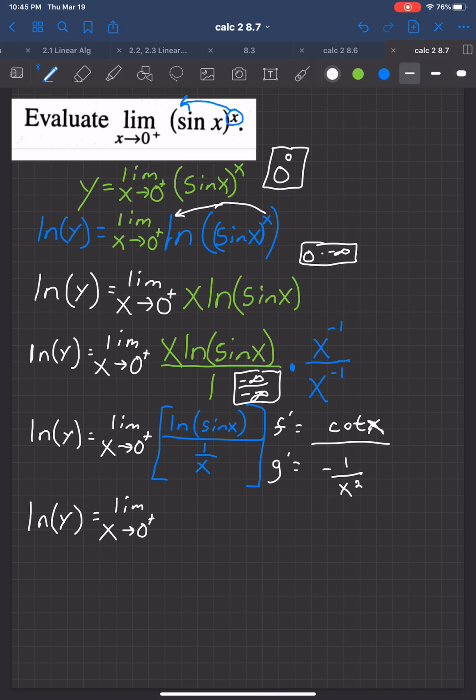So let me bring that down. Now I've taken the derivative, and it looks like this: cotangent of x over negative 1 over x squared.